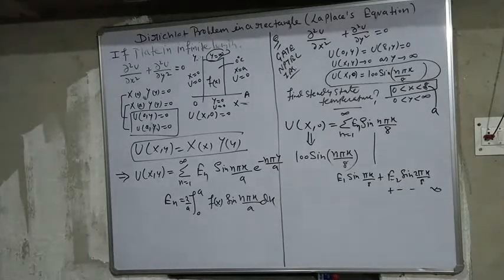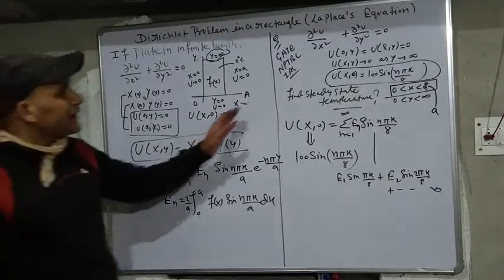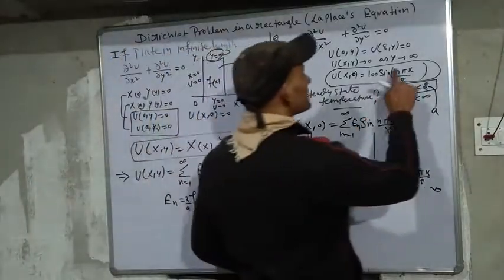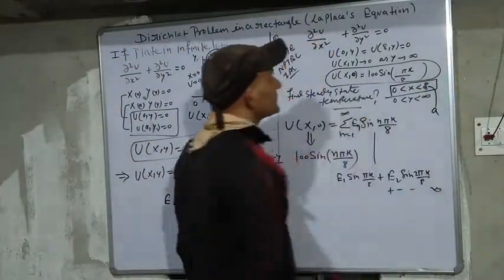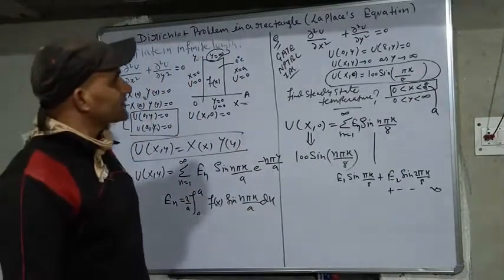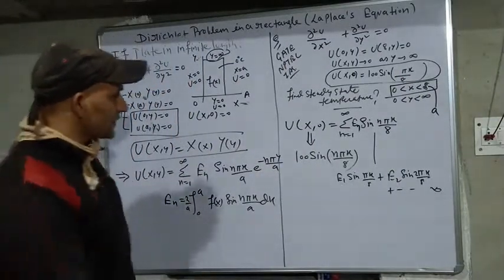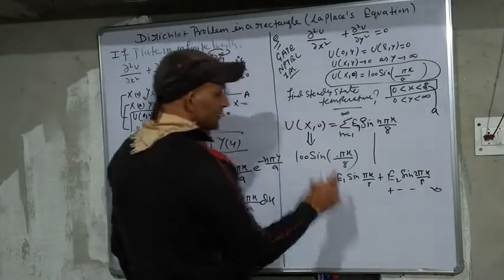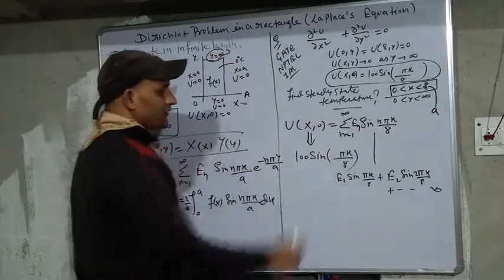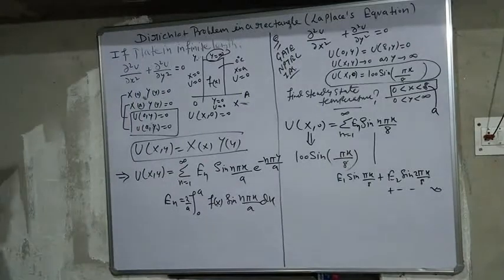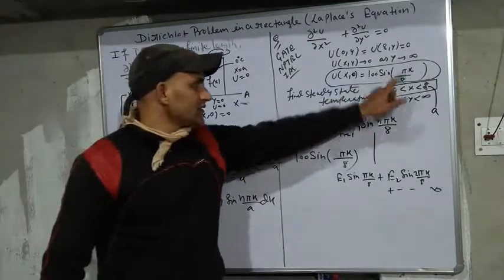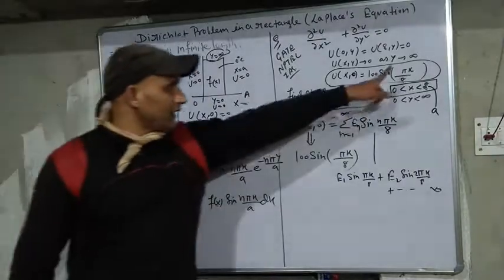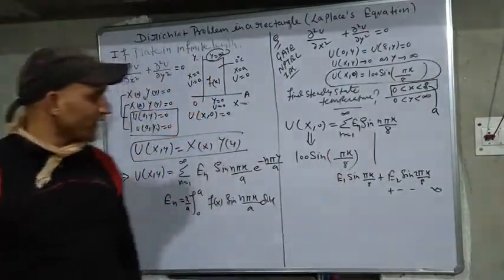Maybe this is not sine(n pi x); this is only sine(pi x). If this is pi x, then you can find the solution. Otherwise it is not possible to find it for different values. Actually we made one mistake: this is not n, this is only pi x. If I write n here, it is not possible to find it.